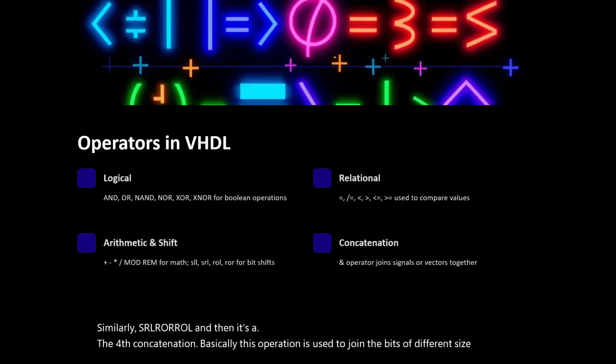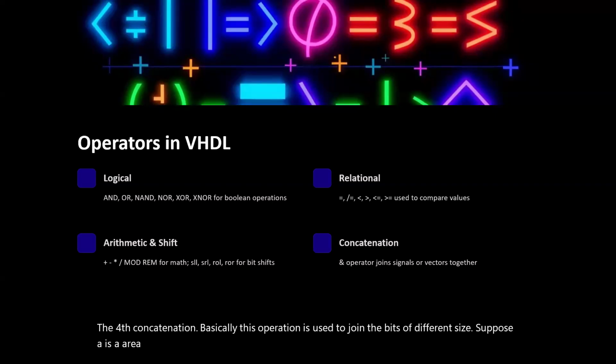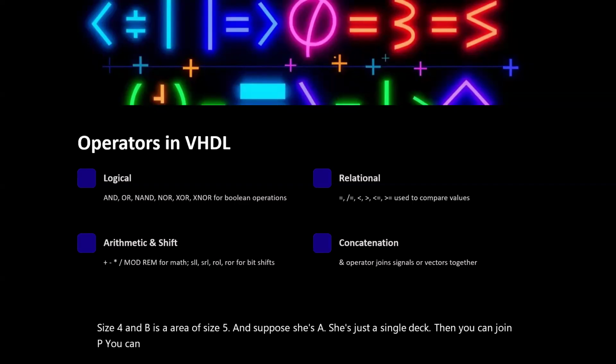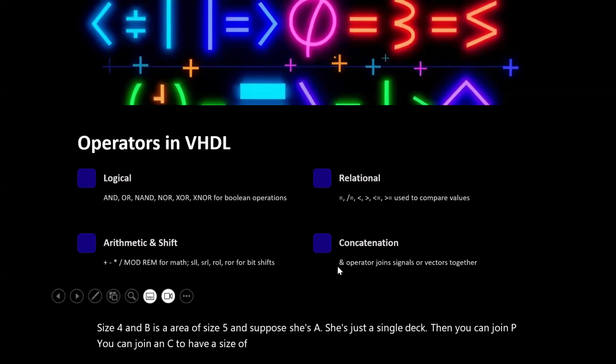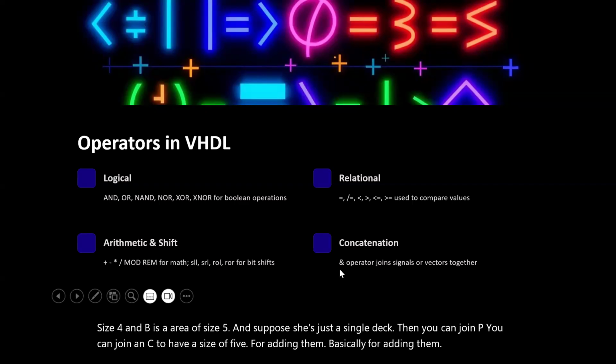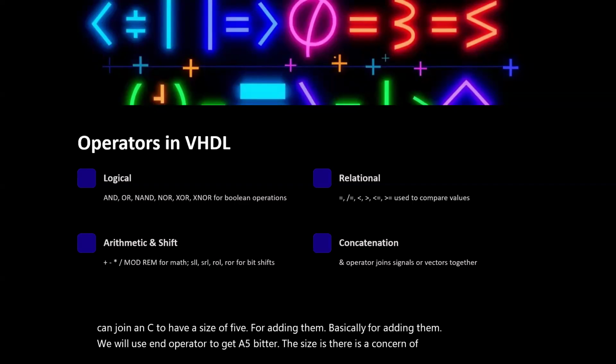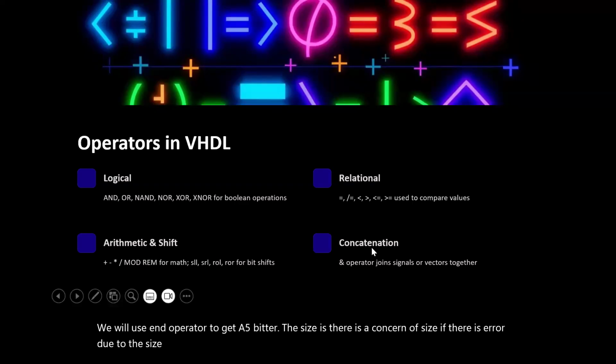Suppose A is an array of size 4 and B is an array of size 5, and suppose C is just a single bit, then you can join A and C to have a size of 5. For joining them, you will use the concatenation operator, the ampersand, to get 5 bits. If there is a concern of size, or an error due to the size of the array, there you can use this concatenation operator.